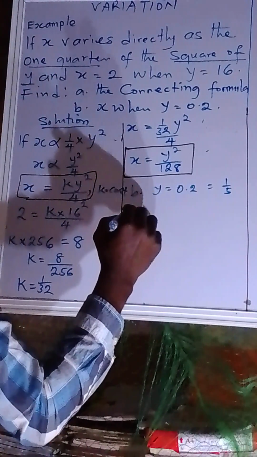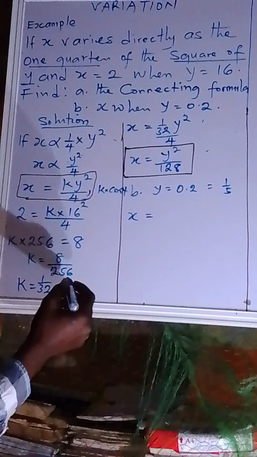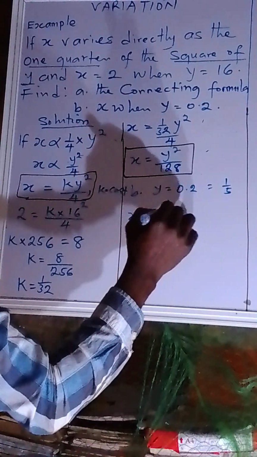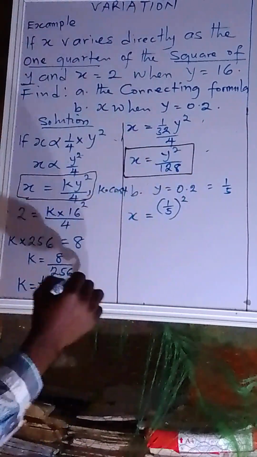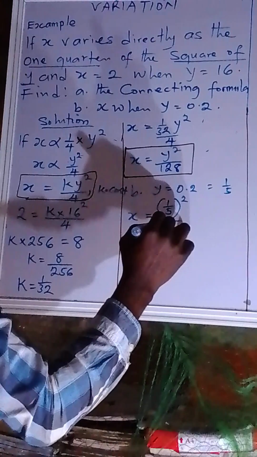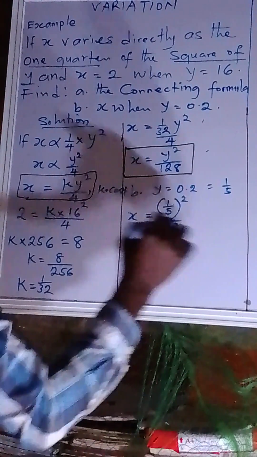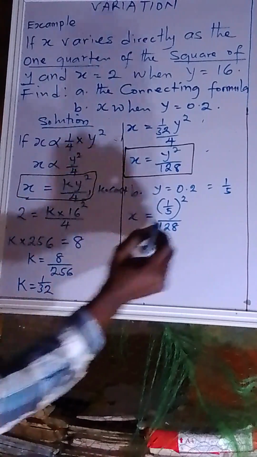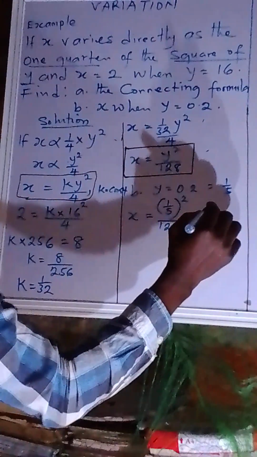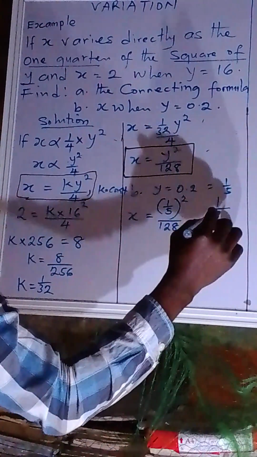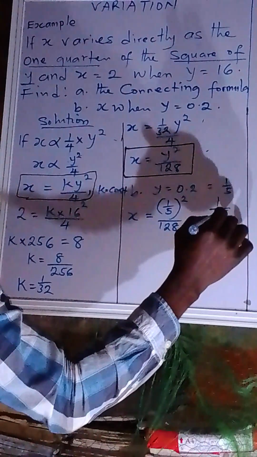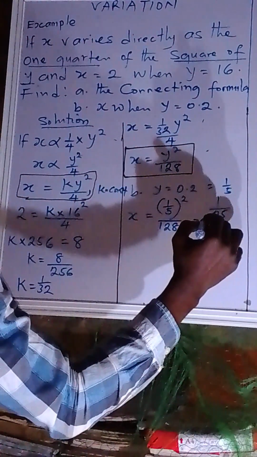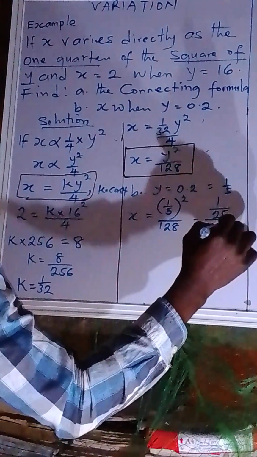So I now have x equals, what is y? Y is 1 over 5. You square that all over 128. If you square this one, it's the same thing as having 1 over 25, because 5 times 5 is 25, 1 times 1 is 1, all over 128.